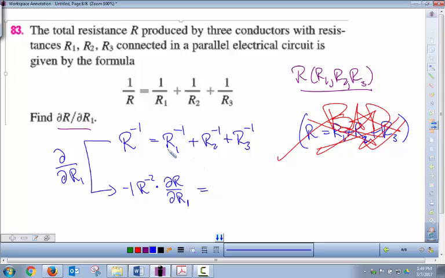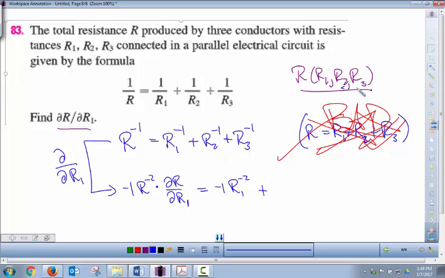Now, this is the independent variable, so that's negative 1, r1 to the negative 2. And if you want to think about this, you're taking the derivative of r1 with respect to r1, which is dr1 over dr1, equal to 1. What's the derivative of this with respect to r1?